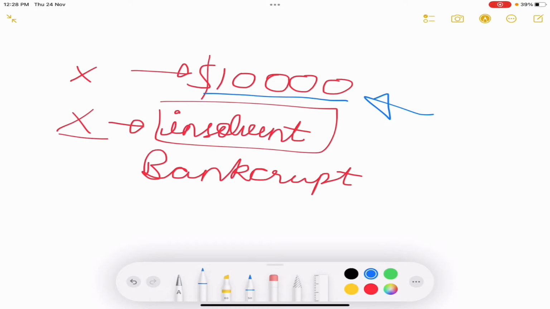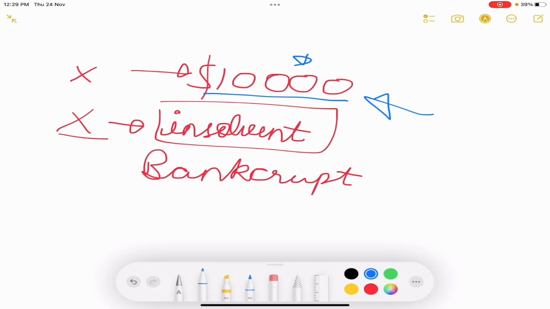So what does bad debt mean? Bad debt means that the company, for various reasons like insolvency, bankruptcy, whatever the reason is, is not going to pay us anymore, which means that this is in a way a loss to the business because we have given our services, we have given our products, but now we are not receiving the money for the same. So these are nothing but bad debts. Another word for bad debts is irrecoverable debts.